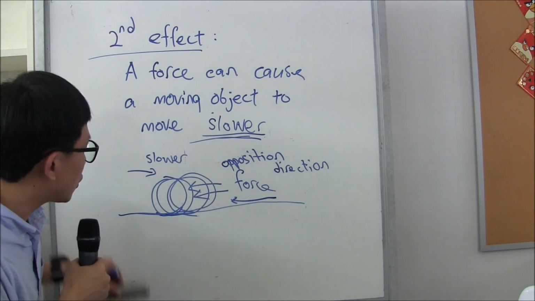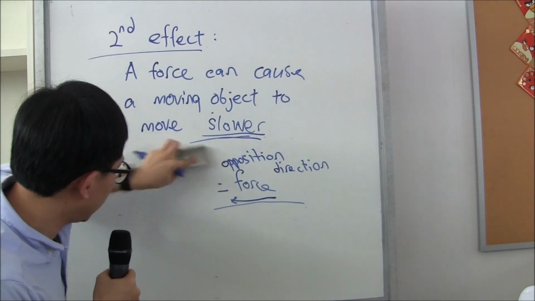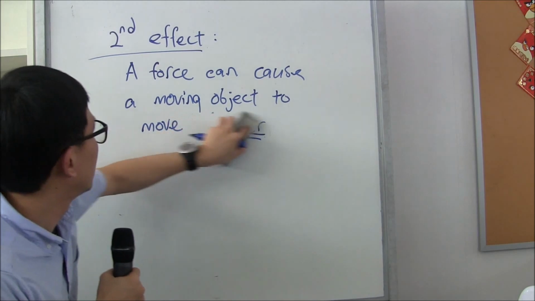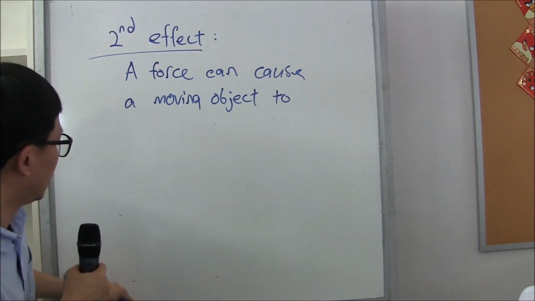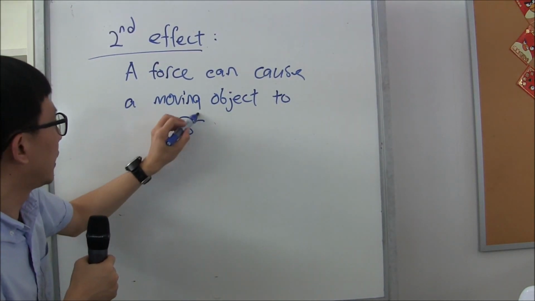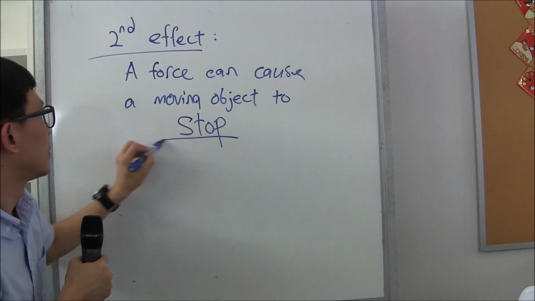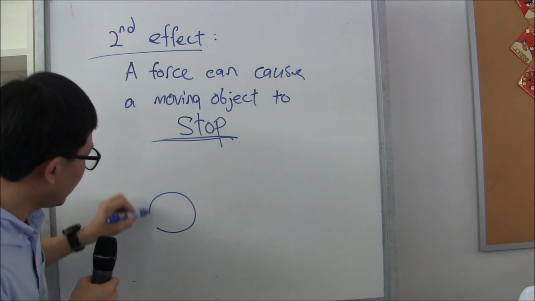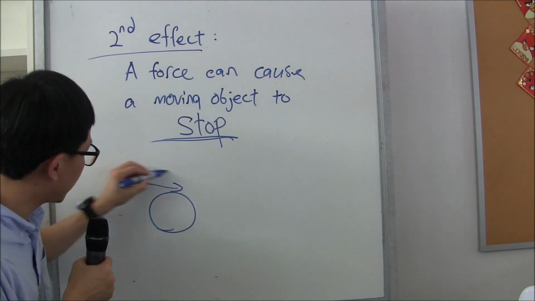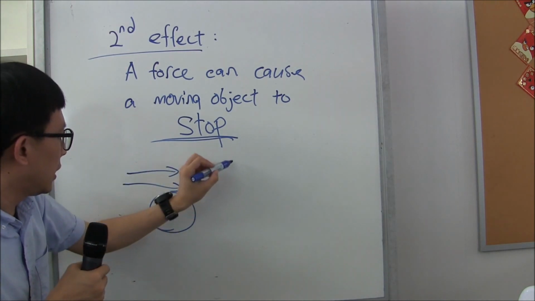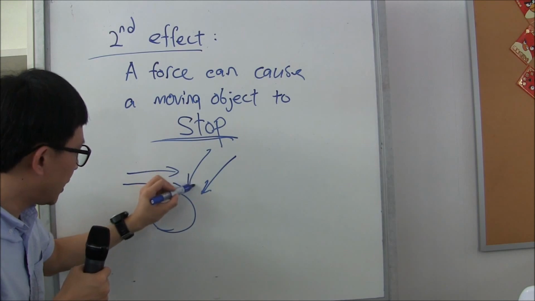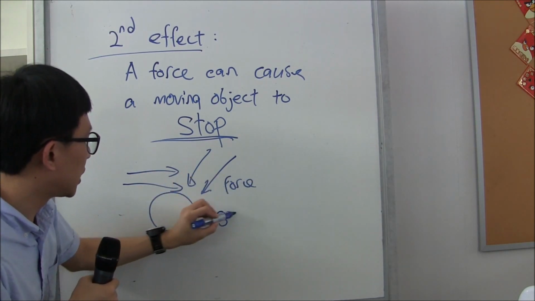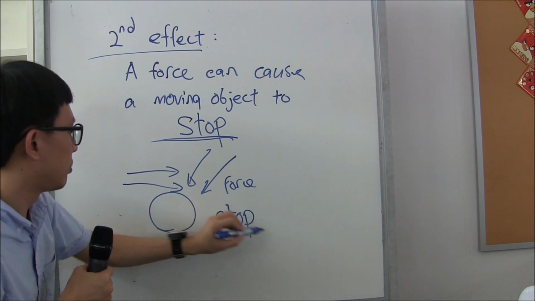Now if you apply a stronger force, you can also cause a moving object to stop altogether. So if the ball were to move in this direction, if you were to apply a force to it, you can also cause the ball to stop.